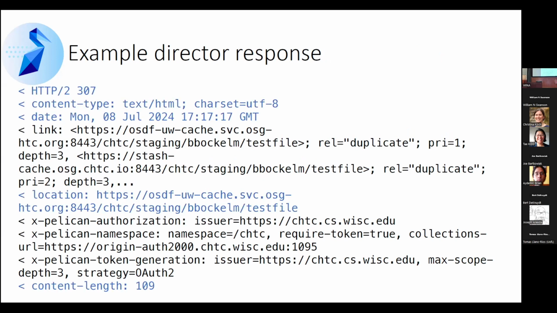So 307, for those of you that have not quite memorized all your HTTP status codes, is a redirect. The director, if you remember the architecture diagram, doesn't actually deliver data, it just tells you, here, go use this service. I think this cache might be the one for you. So it responds with a redirect, with some standard content type and date headers.